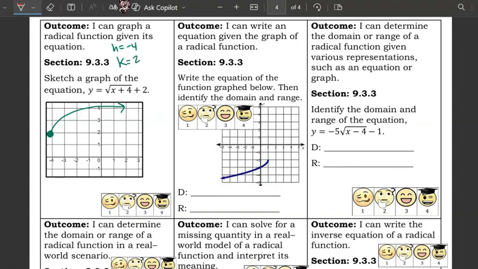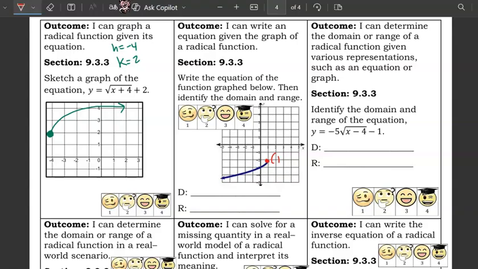Outcome: I can write an equation given the graph of a radical function. Write the equation of the function graphed below, then identify the domain and range. So it looks like it was reflected across both the x-axis and the y-axis. So we got two negative signs.